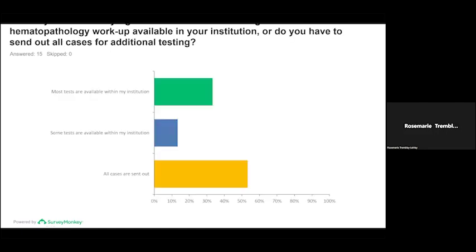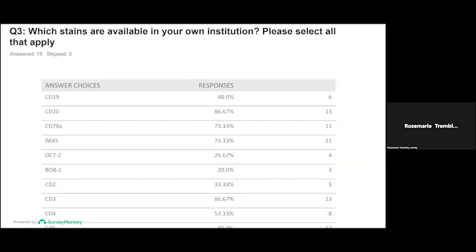We didn't distinguish which types of molecular tests, but in general, roughly 30% have most tests available within their institution. 13% have some tests, but around 50% of people have to send out all cases for additional workup. I thought it was interesting to get a sense of what's happening and the types of practices. And this brought us to our idea.